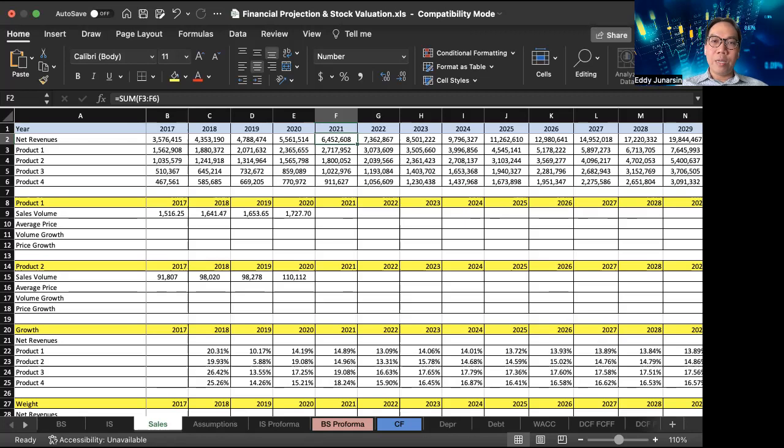Let's imagine the company is producing and selling many types of vehicles, from car, SUV, and then some other types of product lines that they are selling. So we could have a lot of product lines, and even each product line has to make its own sales projection.